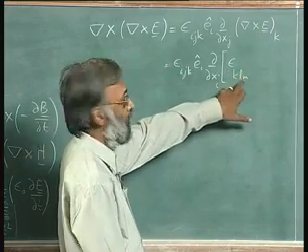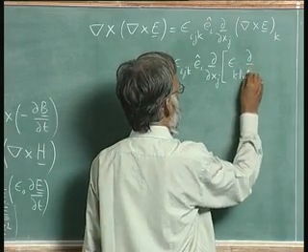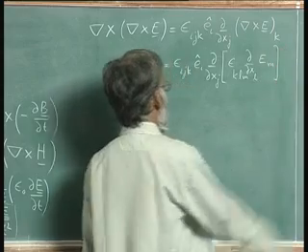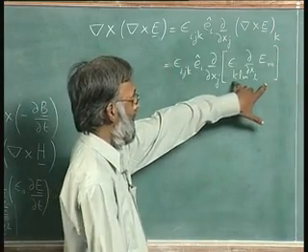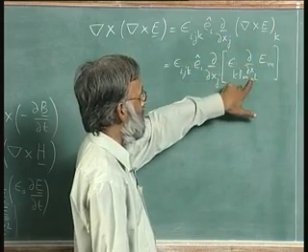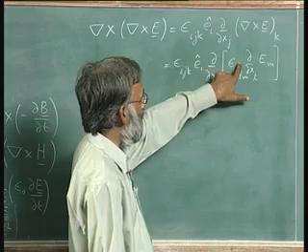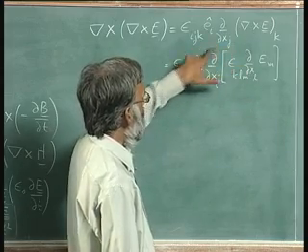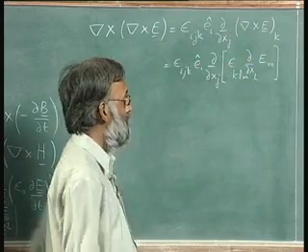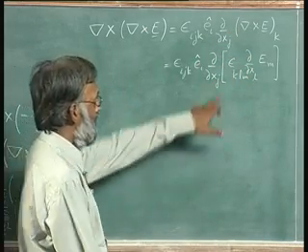I am introducing two new dummy variables l and m, del del x_l E_m. This is the kth component of curl of E. You would normally have an E sub k here, unit vector along k, but I have taken the dot product of that and this operator. So, the unit vector has got absorbed. So, you just have the kth component.